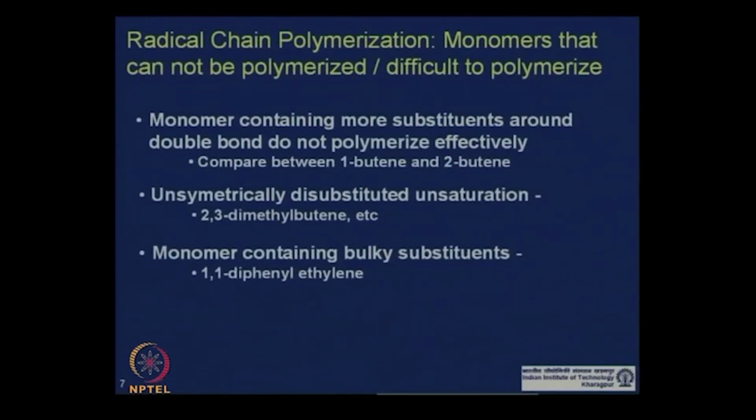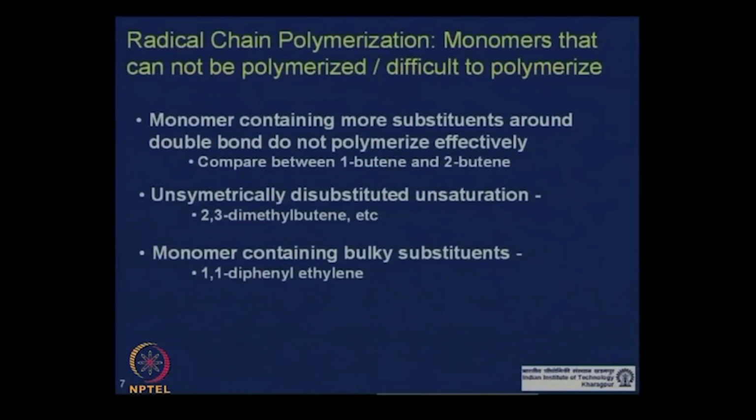Now, what are the monomers that are difficult to polymerize or cannot be polymerized at all? If there are more substitutions on both the carbon atoms, as in the example we just showed in the last pages, where you have CH2 CHY with substitution on only one carbon. If you have substitution on both carbons, then it becomes more difficult.